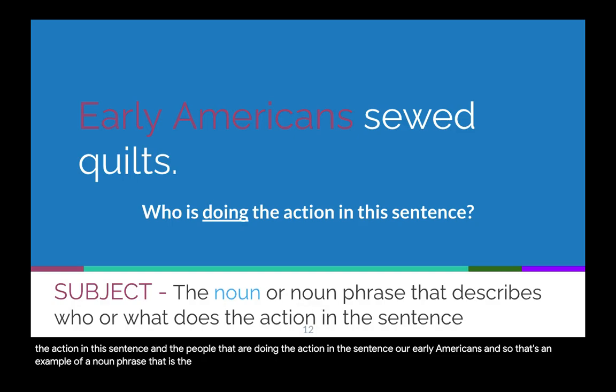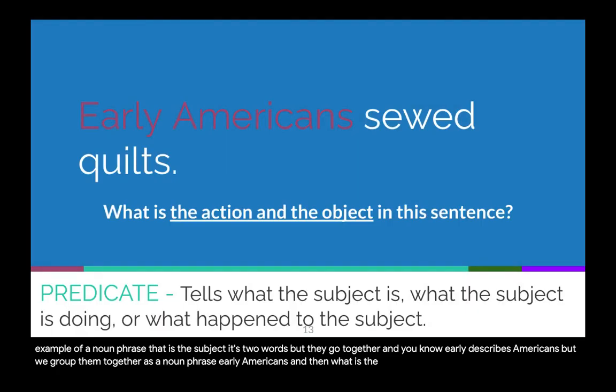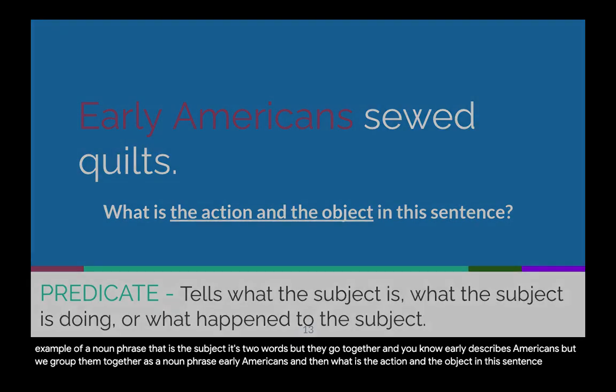That is the subject. It's 2 words, but they go together, and early describes Americans, but we group them together as a noun phrase, early Americans. And then, what is the action and the object in this sentence?